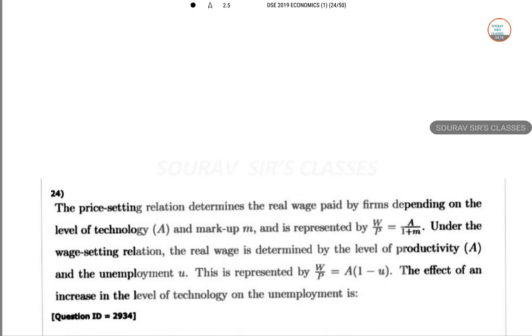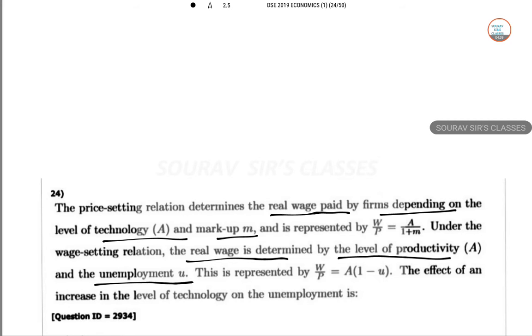The price setting relation determines the real wage paid by firms depending on the level of technology and markup M, and is represented by W by P equal to A by (1 plus M). Under the wage setting relation, the real wage is determined by the level of productivity and the unemployment U, represented by W by P equal to A times (1 minus U).